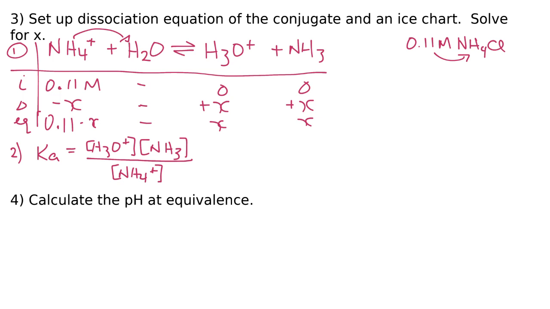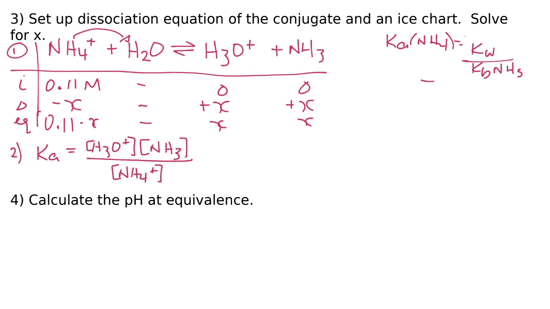You can use our relationship. So we'll just come back over here. Let's get rid of that. And let's calculate our Ka of the ammonium ion using that relationship of Kw divided by the Kb of the base. So this is the Kb of the ammonia.